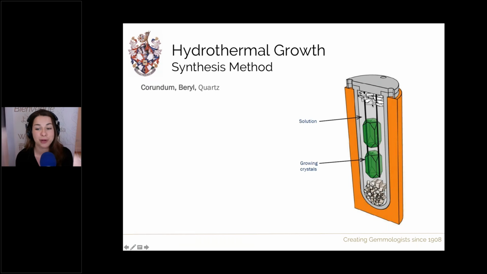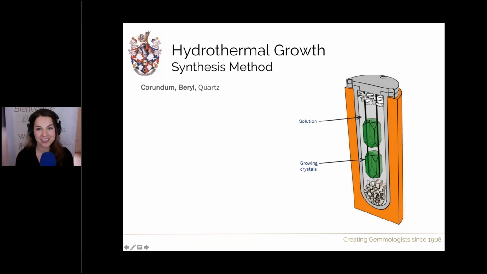Now, this is so heavily pressurized that the autoclave it's created in is often called an autoclave bomb, because there have been unfortunate occurrences where these just explode because the pressure is so high. But if all goes well, upon cooling down the autoclave, the solution that has been created inside will start to crystallize on the seed materials or the seed plates that are inside the autoclave here.